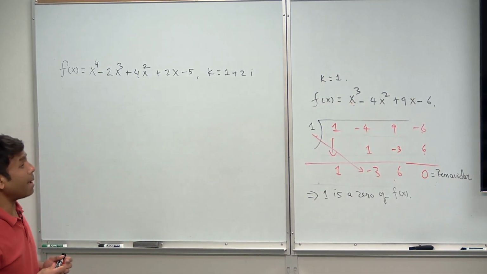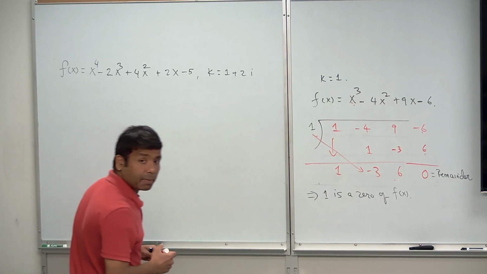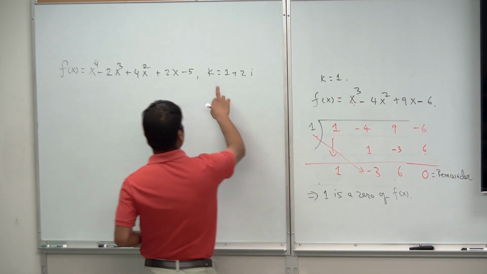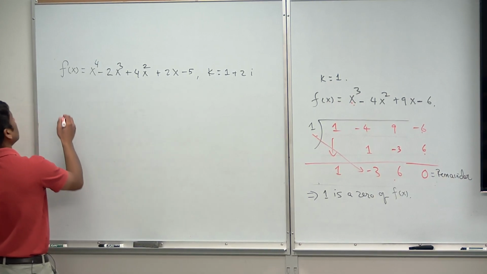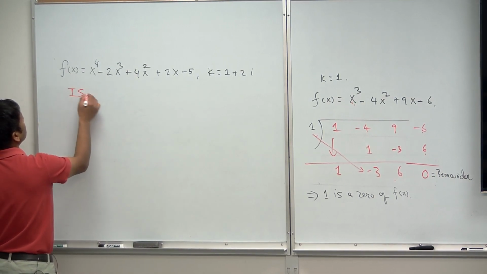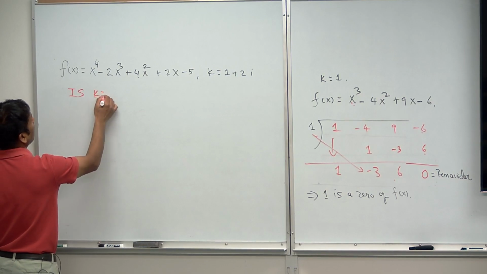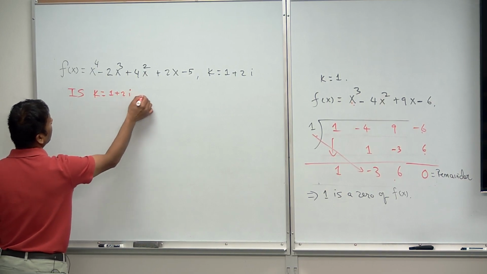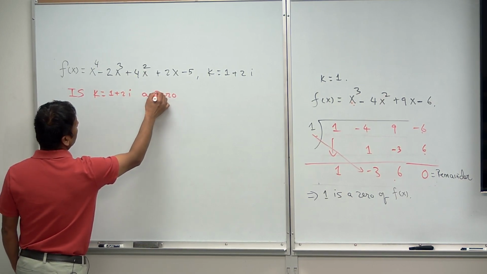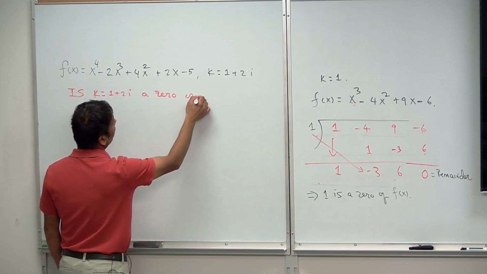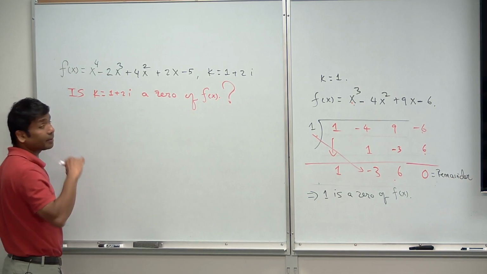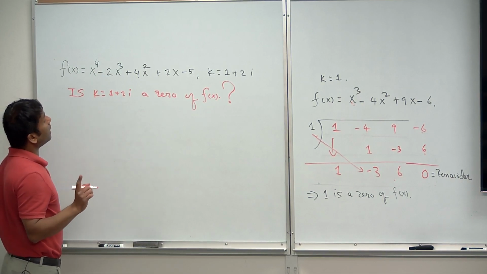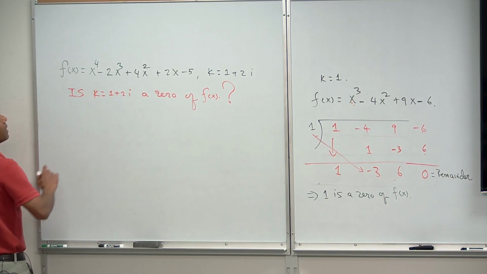So we have to decide whether k equal to 1 plus 2i is a 0 of f(x). So use synthetic division, okay?